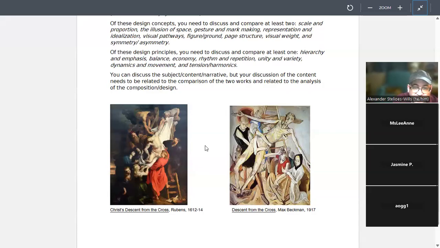Or another irrelevant issue would be that sometimes people like to count the number of people that are helping Christ down, right? So there are 4 people assisting the descent of Christ in the Beckman painting, and then there are 8 in the Rubens painting. And once again, that's pretty much a meaningless difference and doesn't really make any difference in terms of the formal analysis.